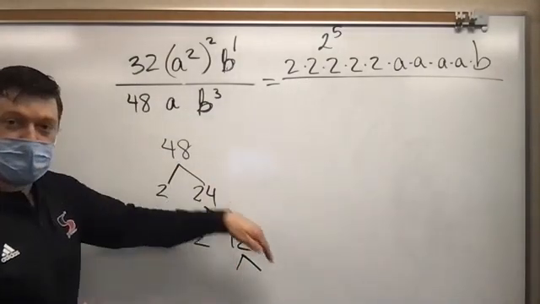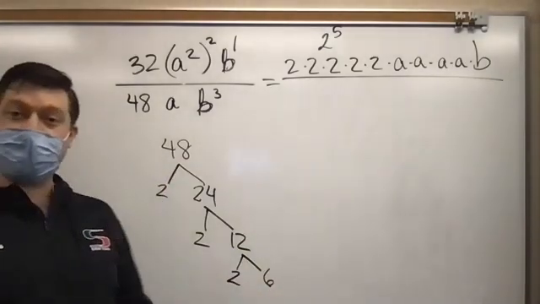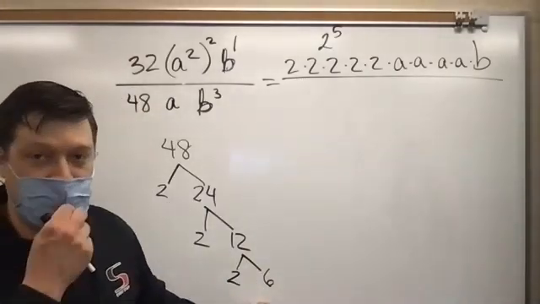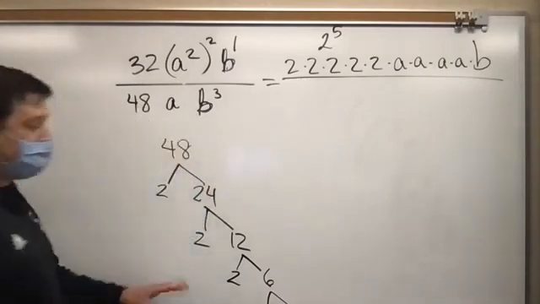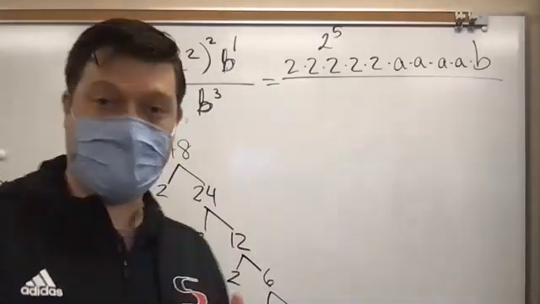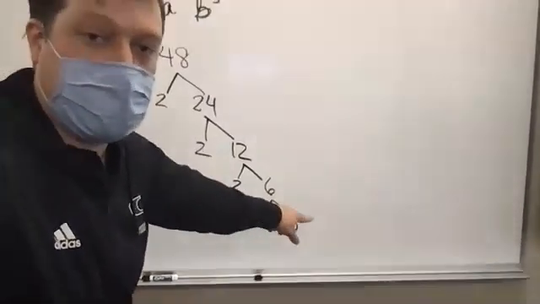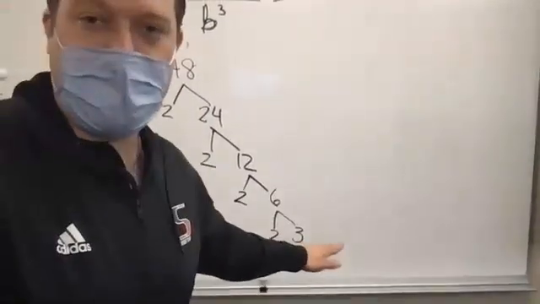Go down the branches of the prime factor tree. 2 times 6. 6 can be divided by 2. So if we have a 6 and we divide it by 2, we are left with 2 times 3. So actually, 48 would be 2 times 2 times 2 times 2 times 3. All of those 2's are multiplied together and the 3 at the end.